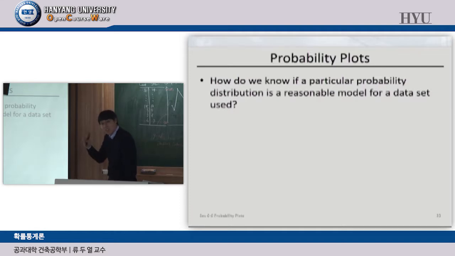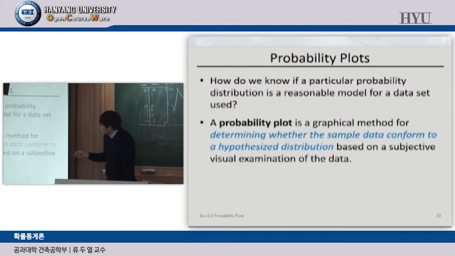Then we can analyze and interpret the data point, right? And this is the definition of the probability plot. A probability plot is a graphical method for determining whether the sample data obtained conform to the hypothesized distribution based on a subjective visual examination of the data.